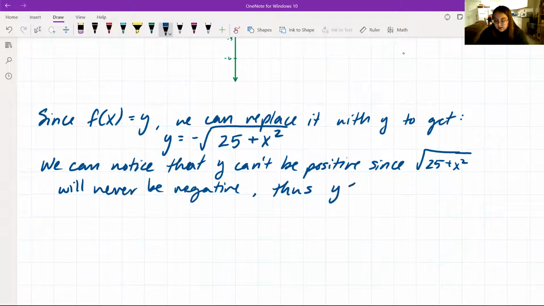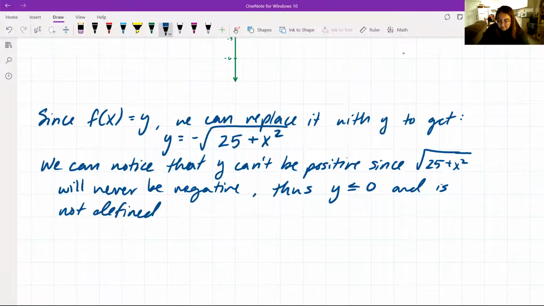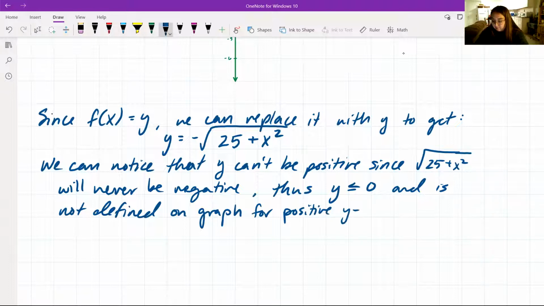Thus y is less than or equal to 0 and is not defined on our graph for positive y values. This means that our graph is really only going to contain half of our hyperbola.